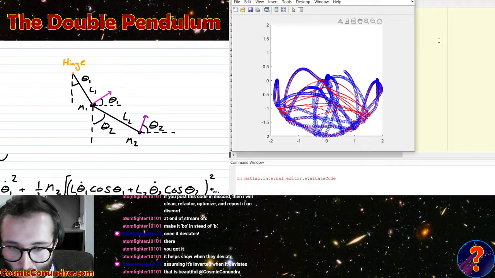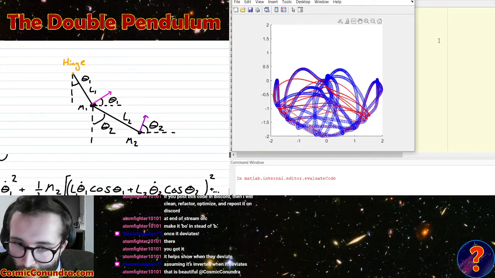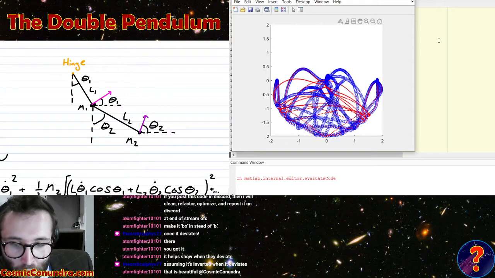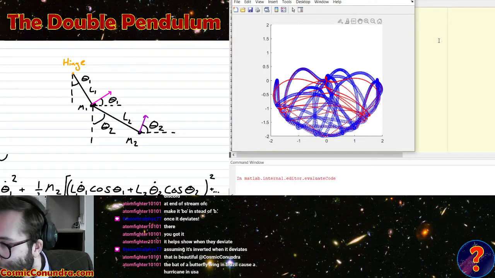And we could play with this for hours. We could give one of them a slightly larger push than the other and have them starting at the same angle. We could change all sorts of things. But you can see that it's really very sensitive to these tiny changes in the initial conditions.